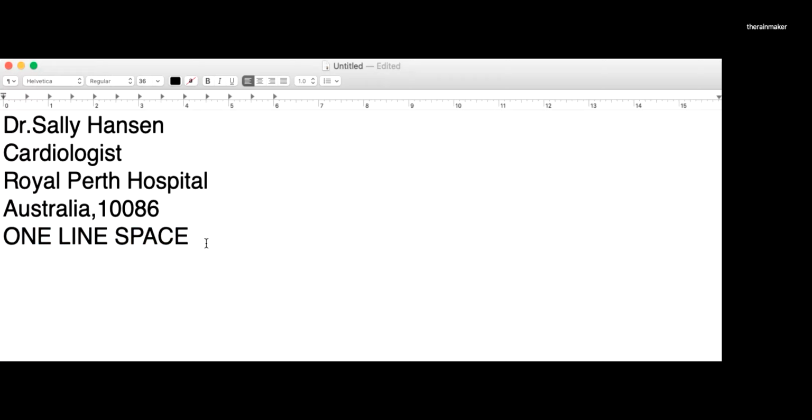Anyways, so one line space. After that comes the date. So write the latest date that you see on the case note. The question paper in OET is called a case note. Why? It's actually a progress note from when the patient is either admitted or presents in an outpatient setting. After that, we have a date. Let's imagine today's date. What is the date today? It is 20th March, 20.03.2021.